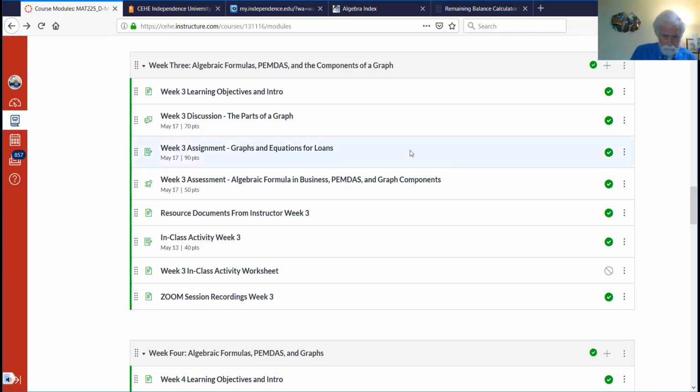So today we're going to talk about one thing: I'm going to go over the assignment worksheet, because the formulas that they give you are, to say the least, confusing.